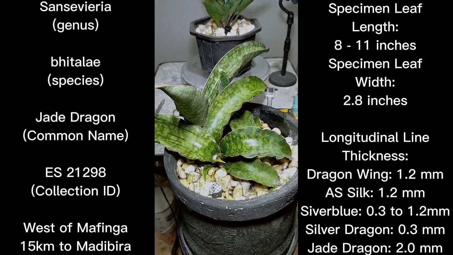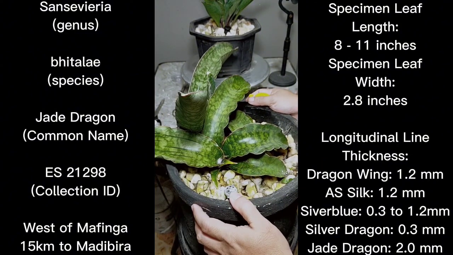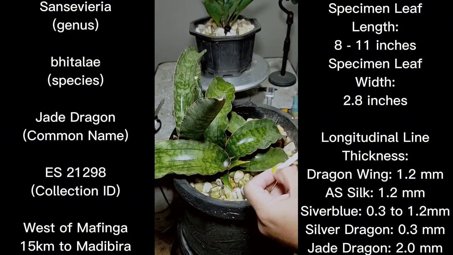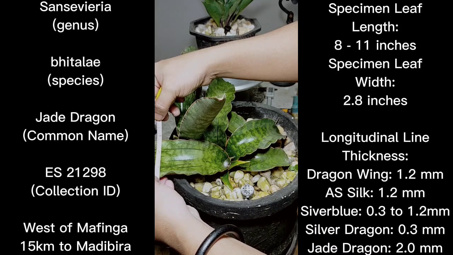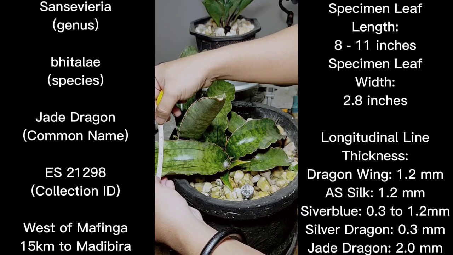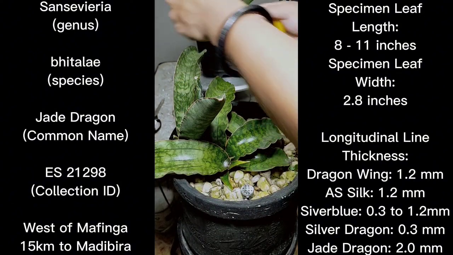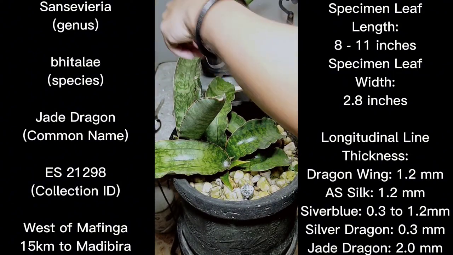Alright, so in terms of leaf width, compared to the Silver Dragon, Dragon Wing, or Silver Blue, your Jade Dragon is actually now narrower, or the narrowest of the three of them, because the leaf width would just be around 2.8 inches. This one is also about 2.8.